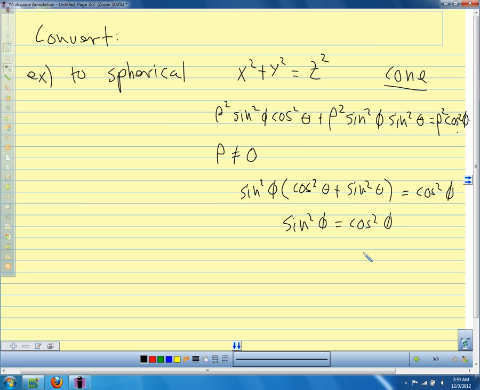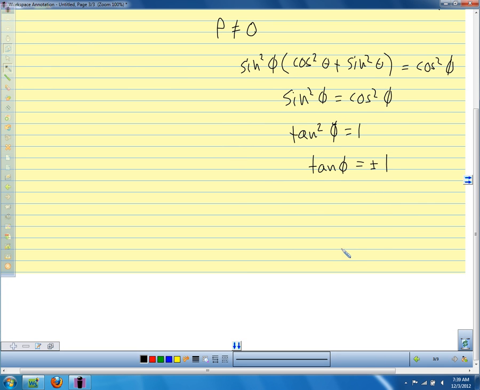And how can I simplify this? Tangent squared phi equals 1. Or tangent phi equals plus or minus 1. So where on my unit circle is tangent of my angle equal to plus or minus 1?